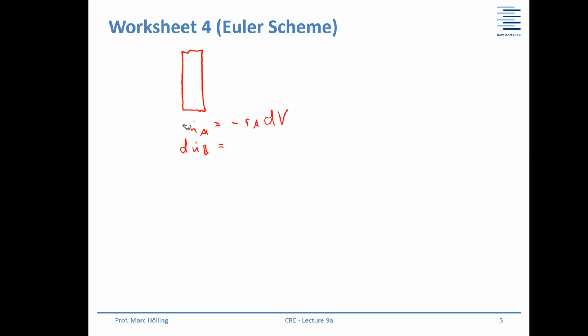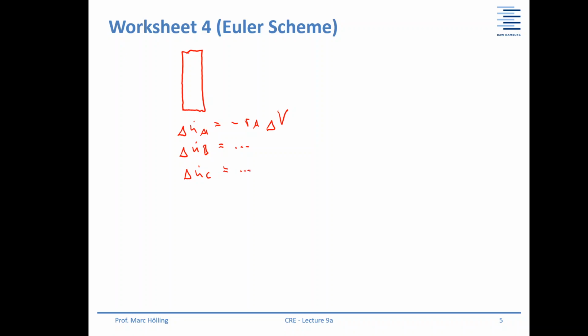Or maybe it's better to not write this d, but to write delta. And you also have to ask yourself, what does it mean for component C?